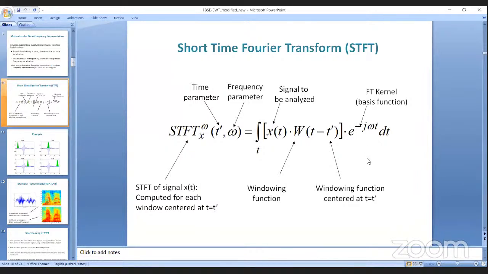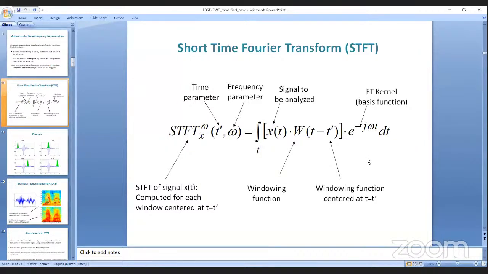These are now the basis functions. In the earlier Fourier case, the basis functions covered different spectral lines in the frequency domain. But here, due to the use of the window function, you have rectangular regions, or tiles, in the time frequency domain.